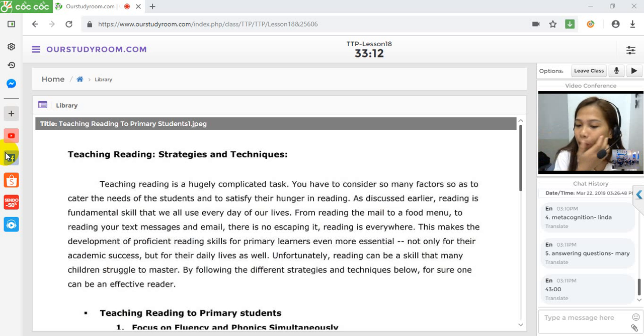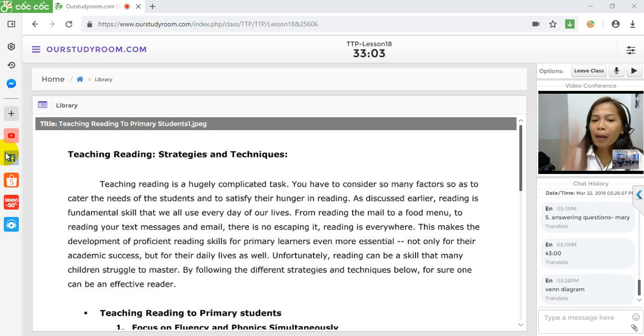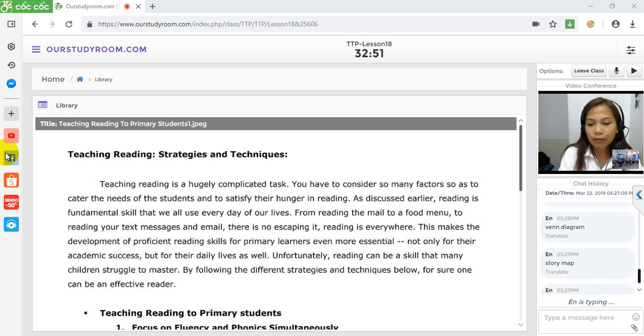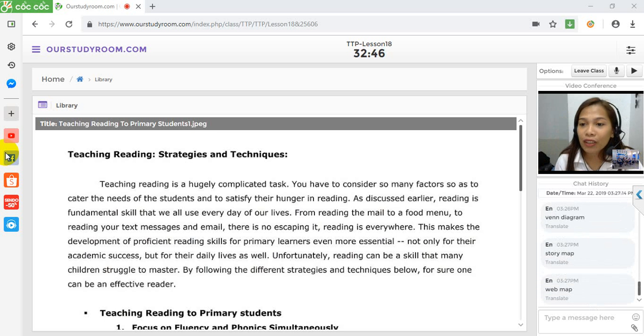We have many kinds of graphic organizers. We have the Venn diagram, the concept map, the story map. So there are a lot of graphic organizers that we can use.